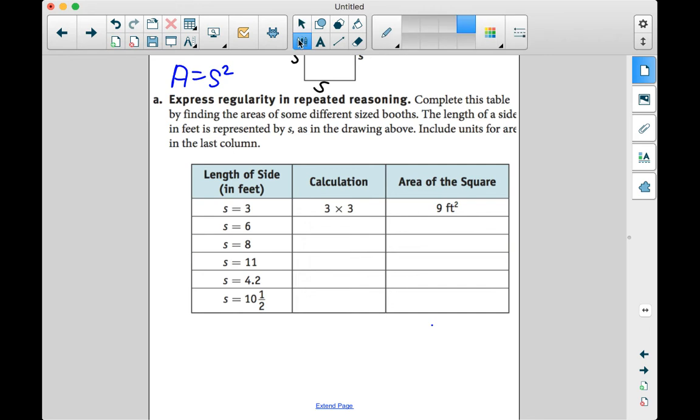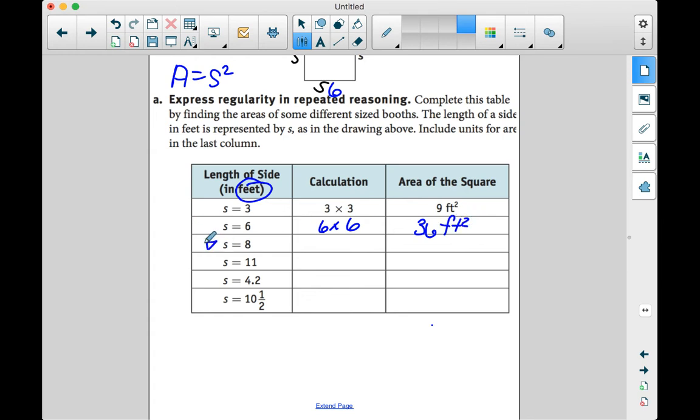If I have an area where my side is 6, I would find the area of that square by saying 6 times 6, and it's always in feet. So 6 times 6 equals 36, and my unit would be feet squared.